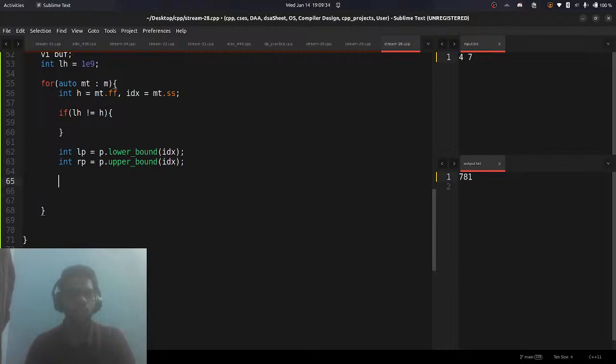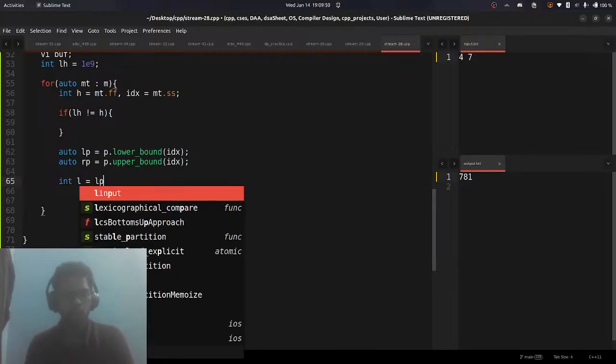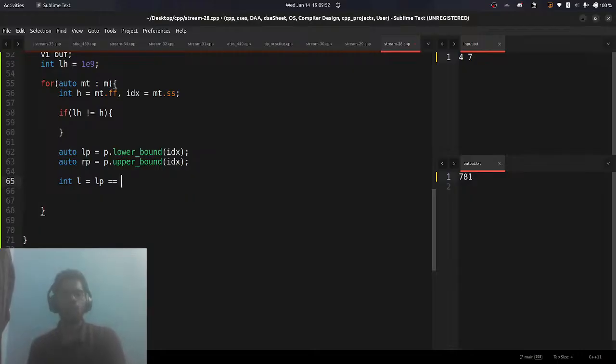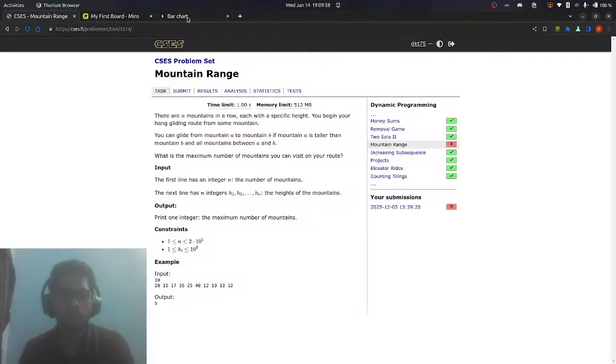So this may give me null, not this, this should be this set. And then I'll have a left value which will check if the lower bound can be the starting value. What does lower bound return?